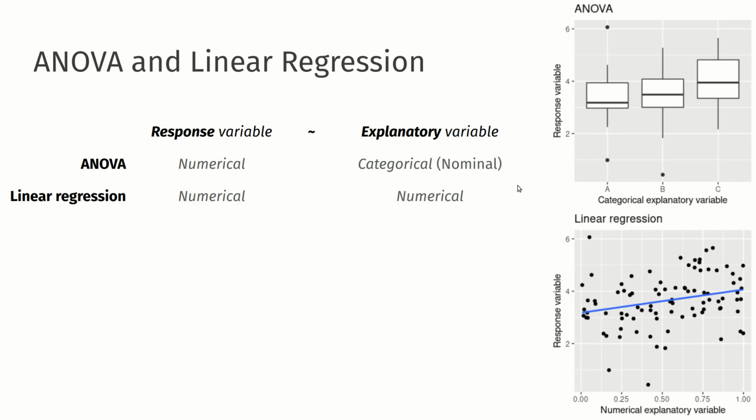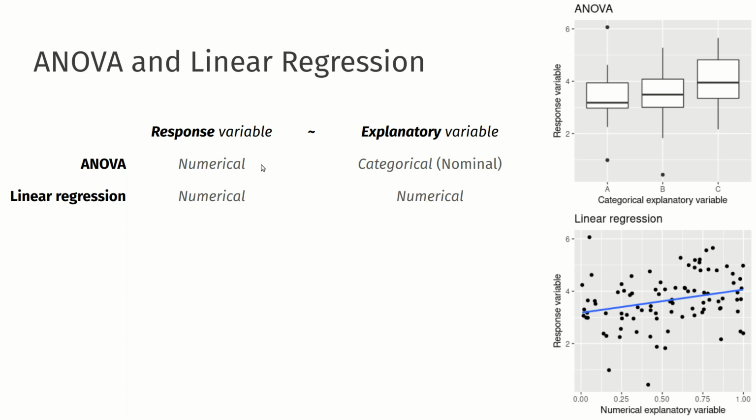Now, as I mentioned, this concept of proportion of variance explained, or using an explanatory variable to explain differences in a response variable, is not limited to categorical explanatory variables like we've been dealing with in analysis of variance. It extends into numerical explanatory variables, and that's going to be our main topic for today with respect to linear regression.